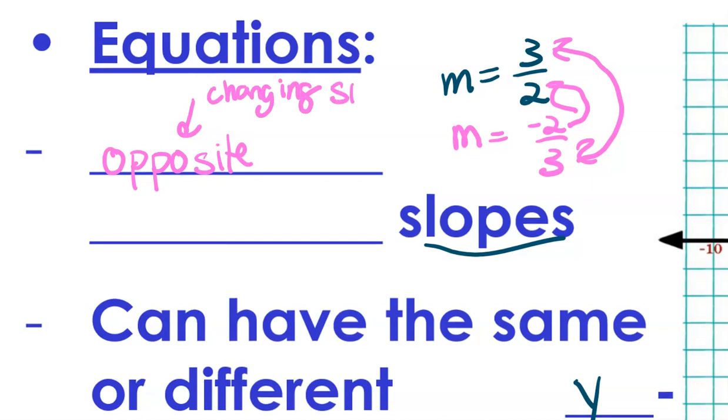And when we flip a fraction, that's called a reciprocal. That is the flip of a fraction. So in every pair of perpendicular lines, the slopes are what we call opposite reciprocal slopes. So they are flipped and the sign is changed.